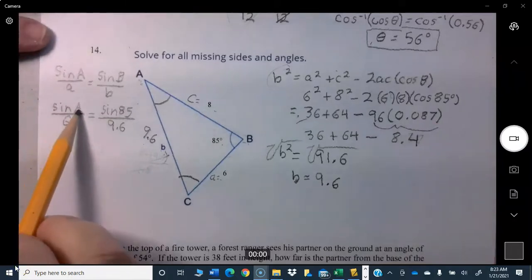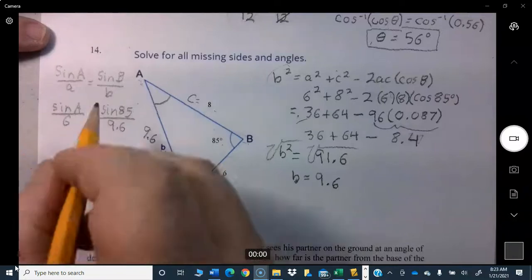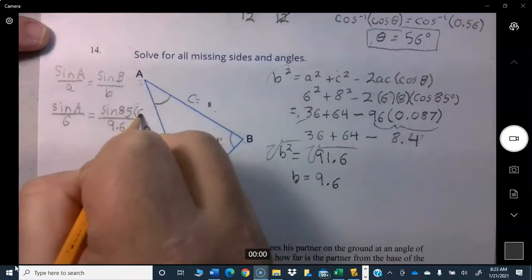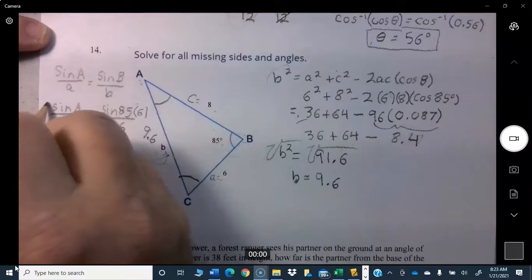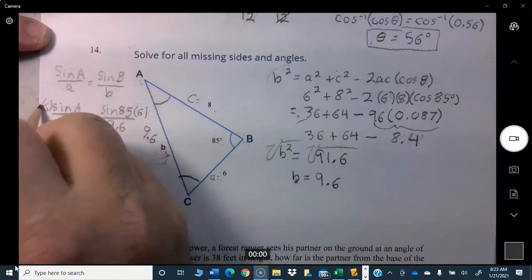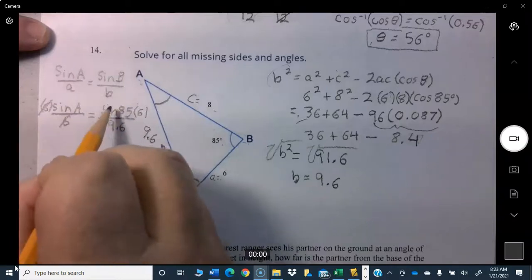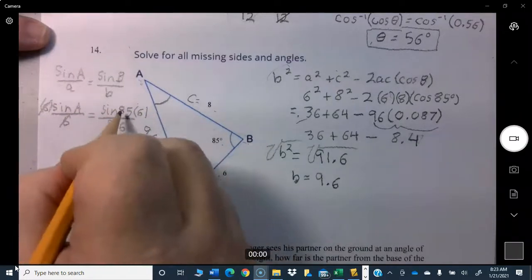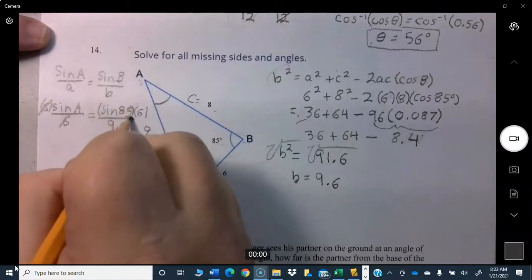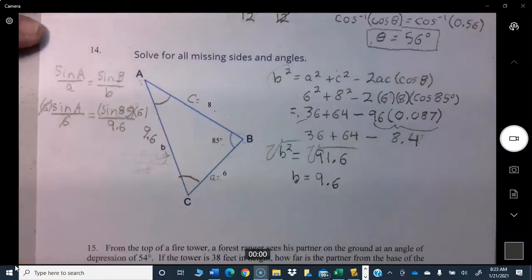So we have to get sine A by itself, so we need to multiply both sides by 6. I'm going to put a times 6 here and a times 6 here. These two cancel, and you end up with sine A equals sine of 85 times 6 divided by 9.6.